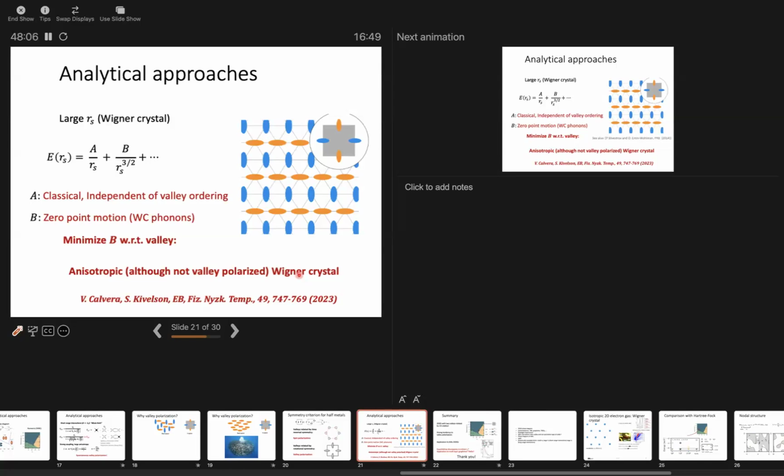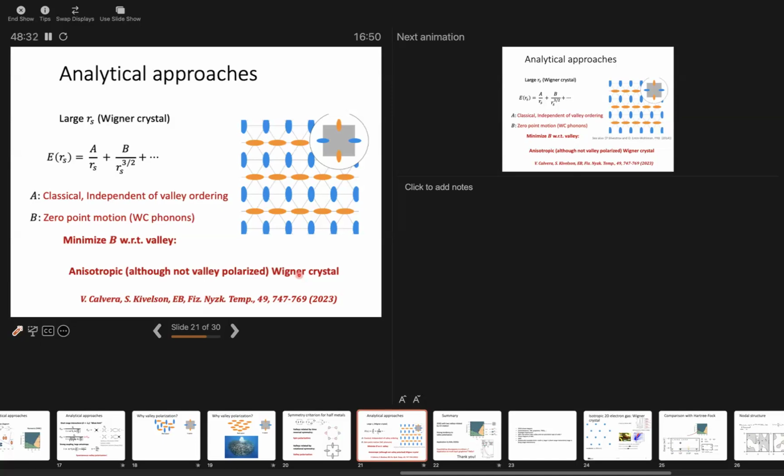What happens with the Wigner crystal when it moves closer to the transition? When it moves closer to the transition, it loses this square lattice, and the lattice has a very small distance in one direction, and the ellipsoids are oriented like this.